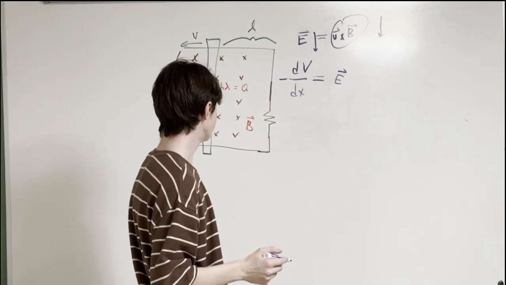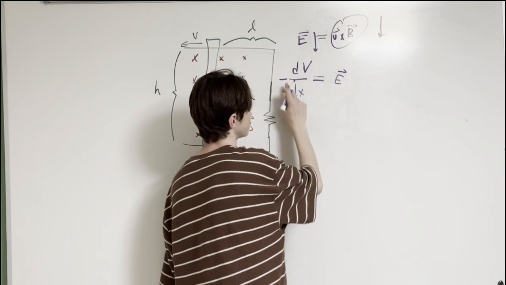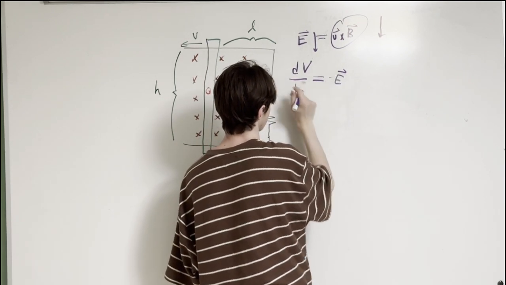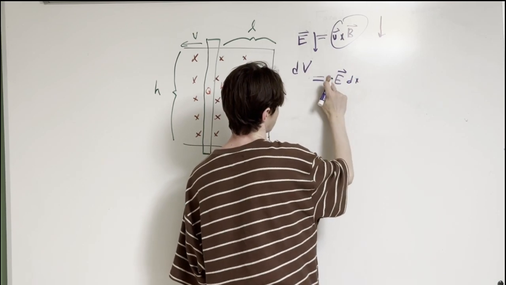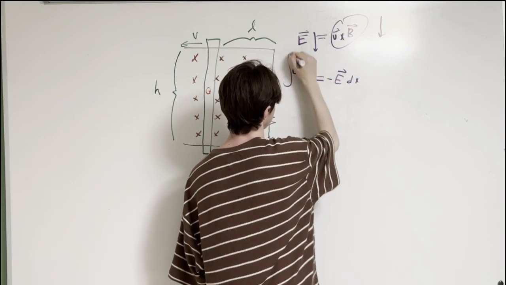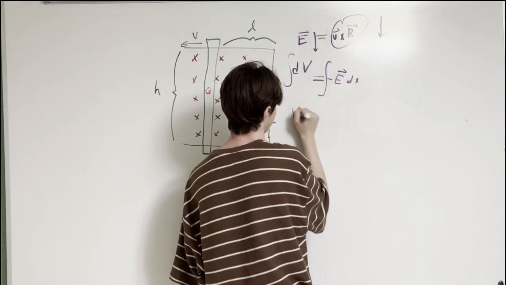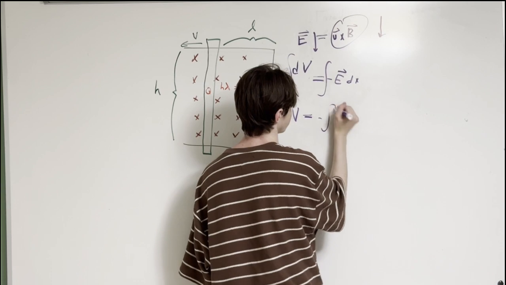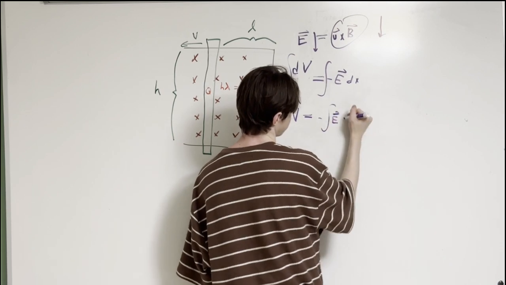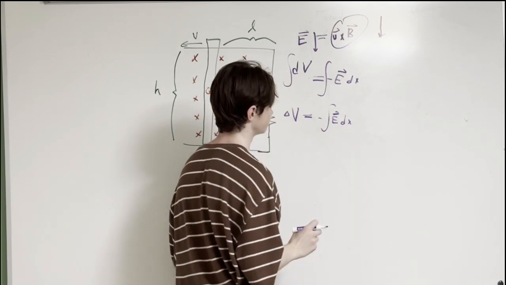If we integrate both sides of this, so let's move the negative sign back, and we'll move dx to the right-hand side. This is a little bit of a not rigorous way to do this, but integrating both sides, we have the voltage potential difference is equal to the negative integral of electric field with respect to x.